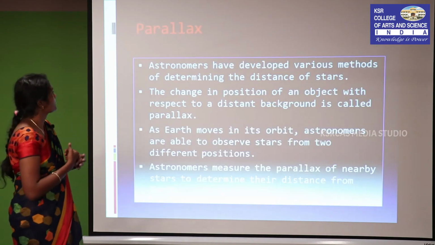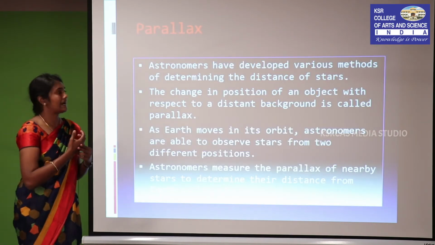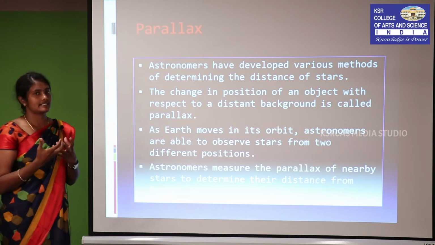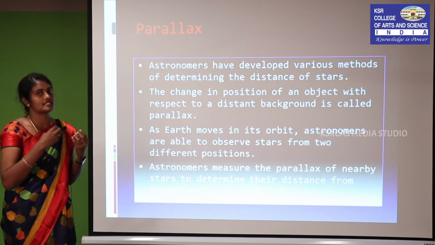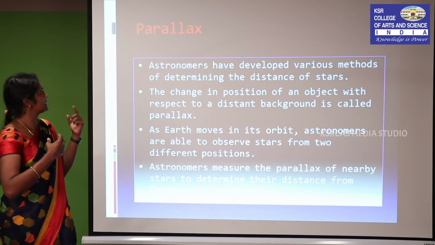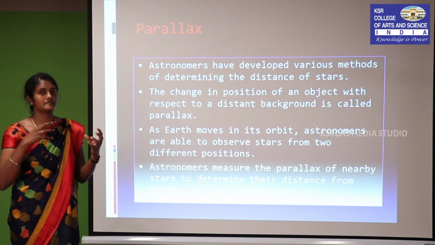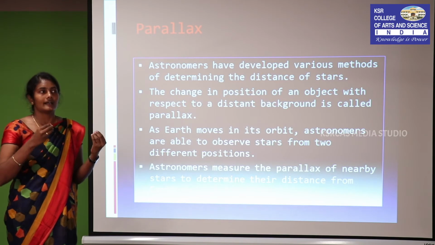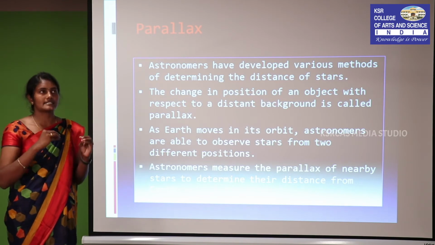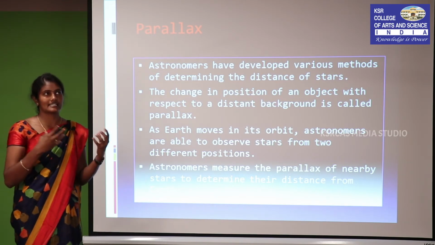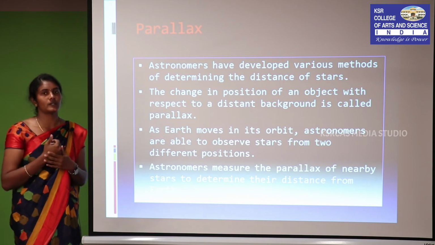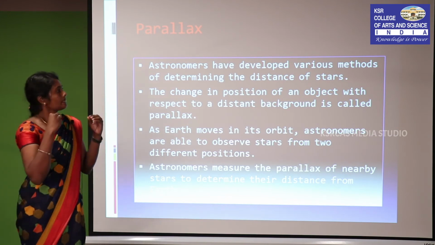Next, another method is parallax. Astronomers have developed various methods to measure the distance of the stars, and one of them is parallax. It is based upon the object distance. For example, consider an astronomer in space who is about to see the Earth, stars and other planets revolving around in our Milky Way galaxy.